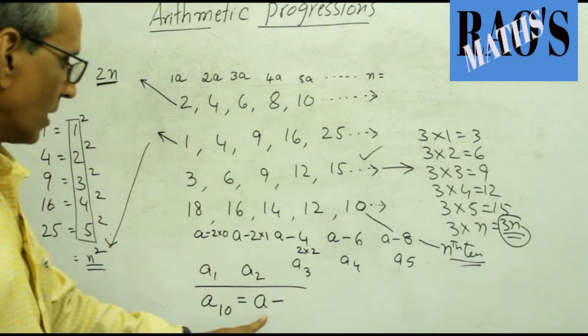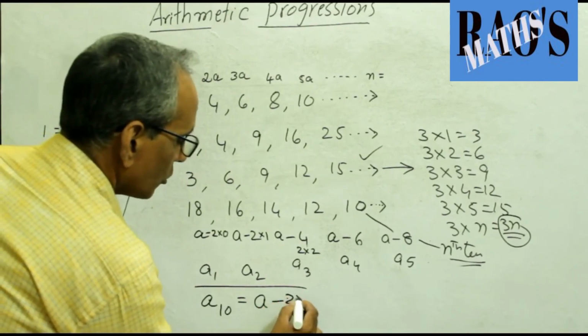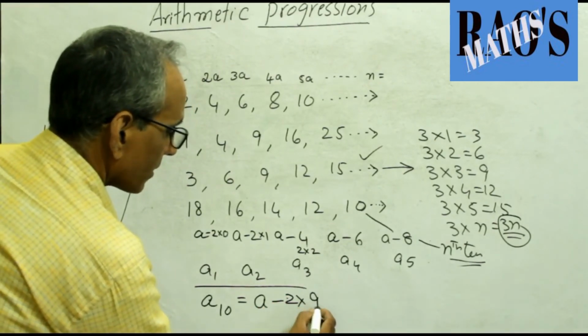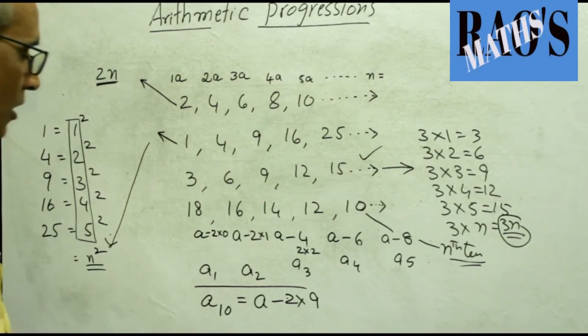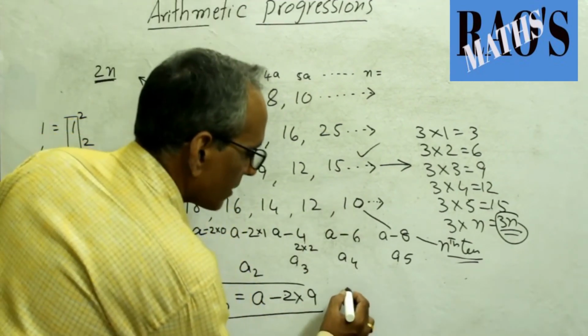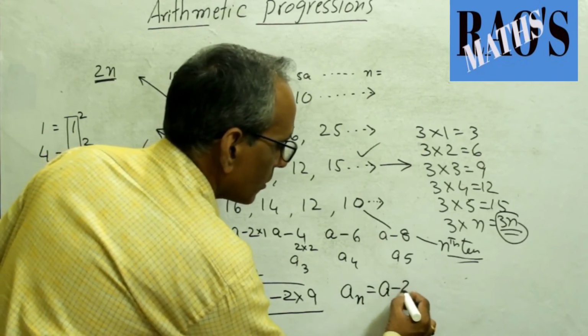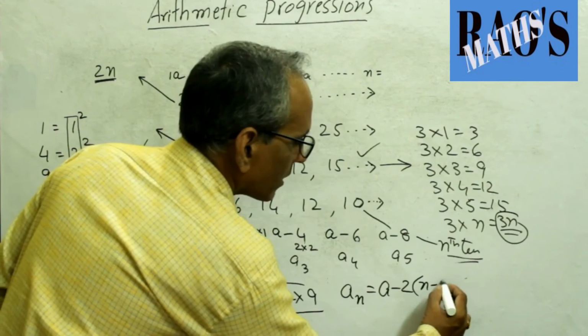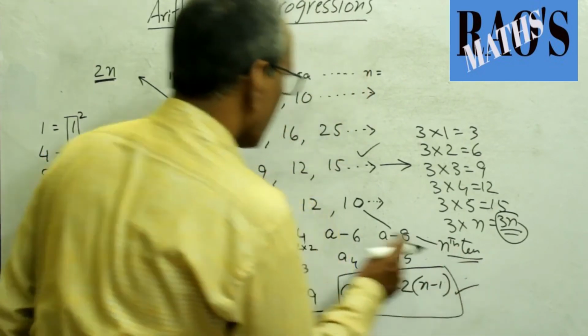The 10th term is A minus 2 into 9, that is n minus 1. Now the general term of the series, An, is equal to A minus 2 of n minus 1. Okay, this is the general term to find any member in the series.